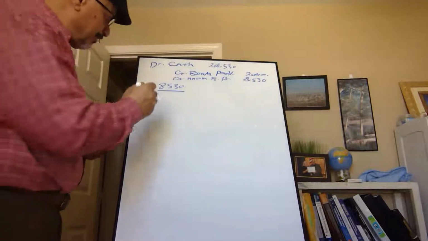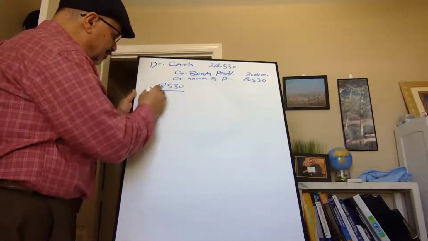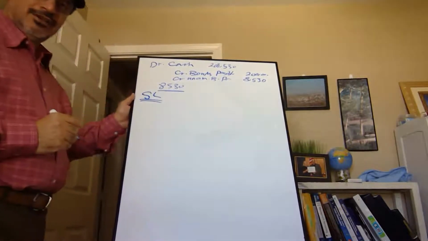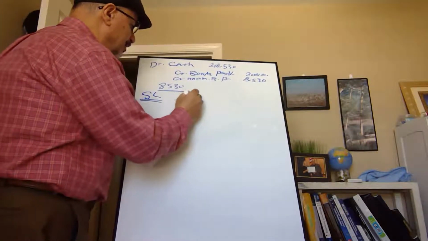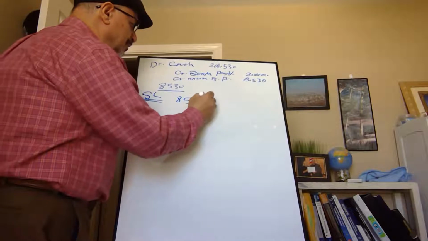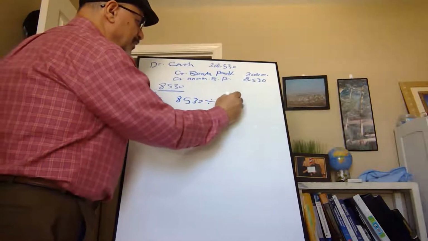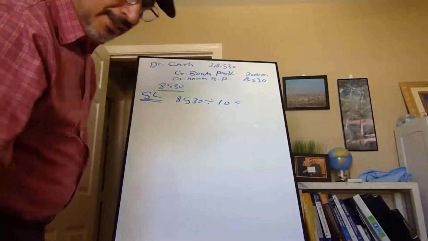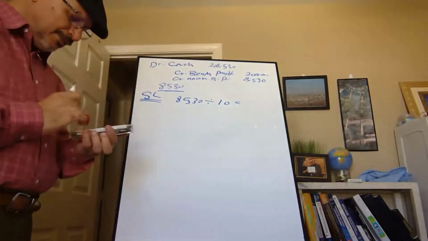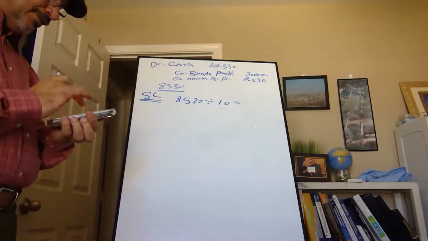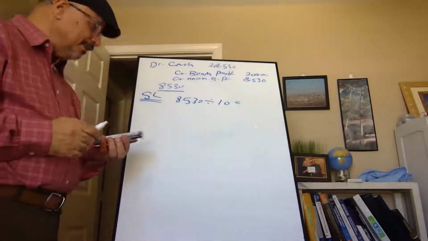All right, we're going to divide that. First is the straight line. Using the straight line, we will divide 8,530 by 10 payments, since it is a 5-year bond with interest payable twice a year.